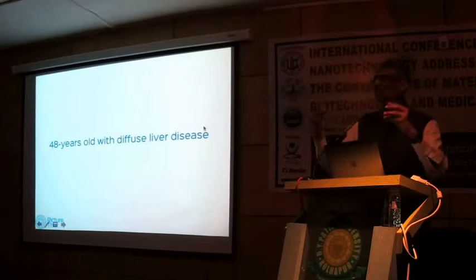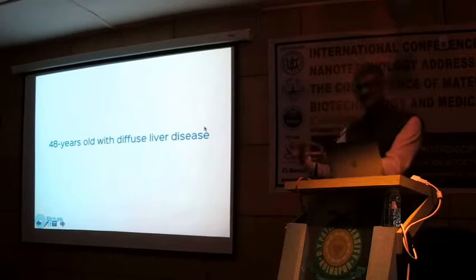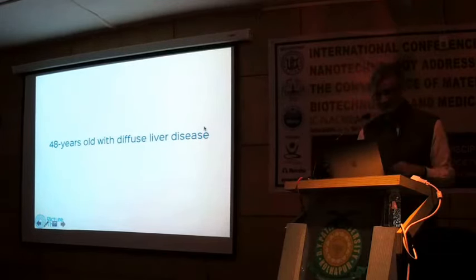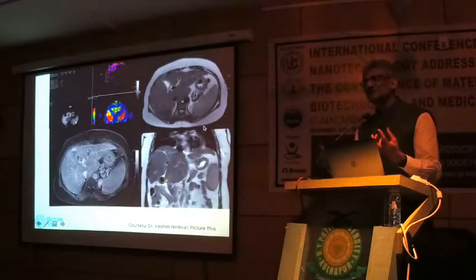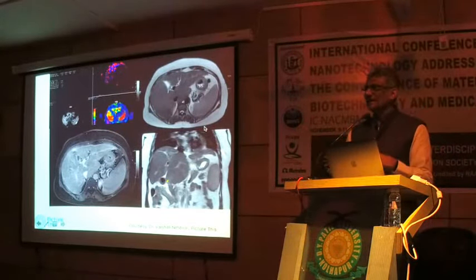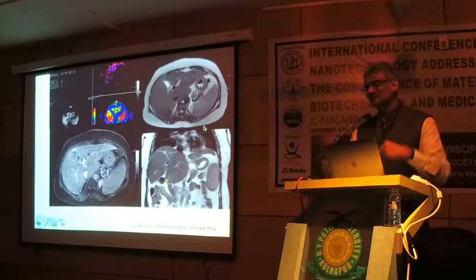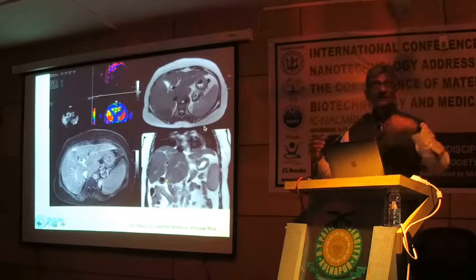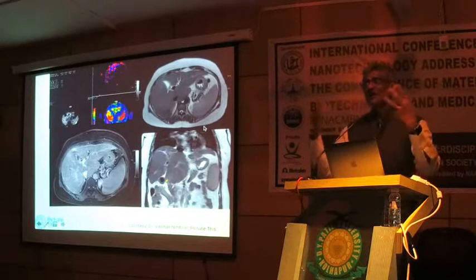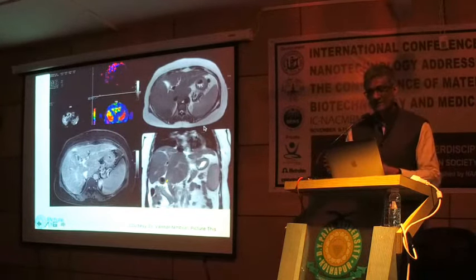So you take tissue out of the body, the pathologist looks at it under a microscope and then makes a diagnosis. Now, when we look at diffuse liver diseases, the common name is cirrhosis. It may occur because of alcohol consumption, which is the commonest cause, or hepatitis B virus infection, which is the second commonest cause, or many other conditions as well.